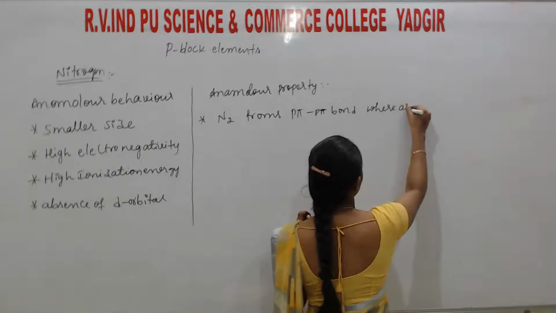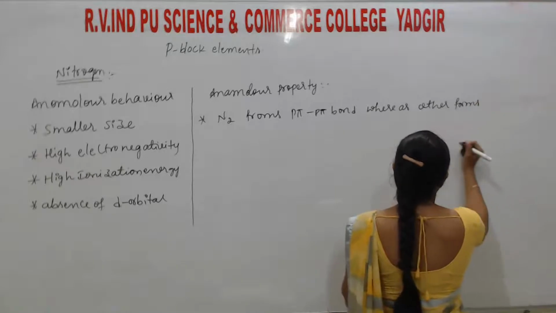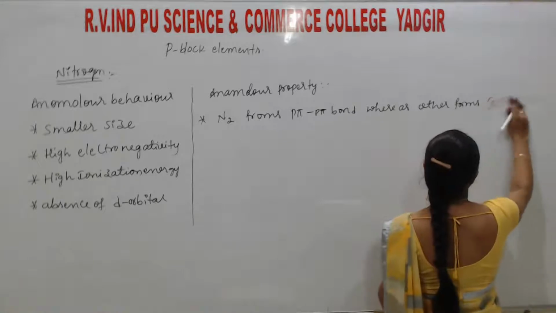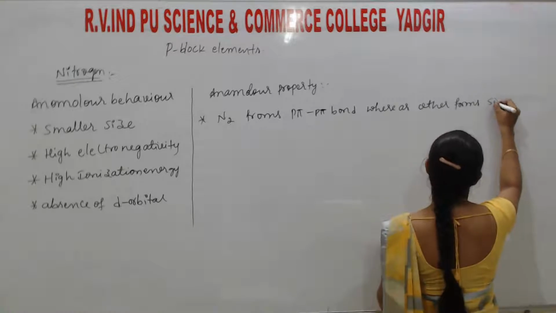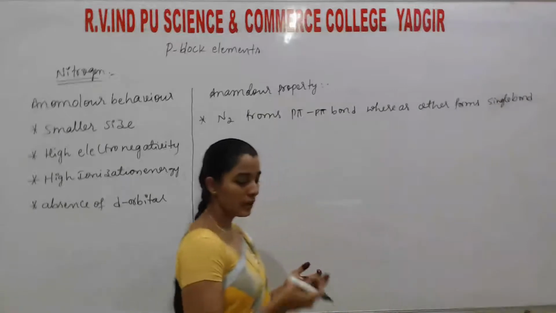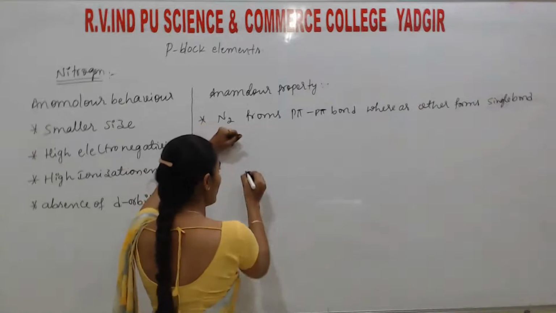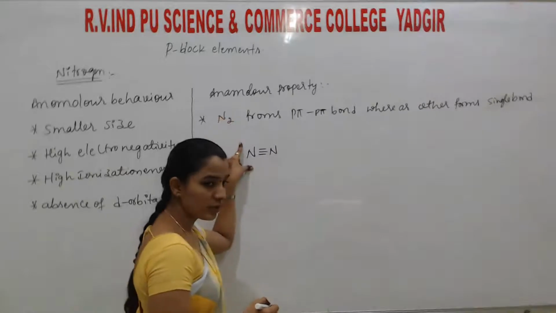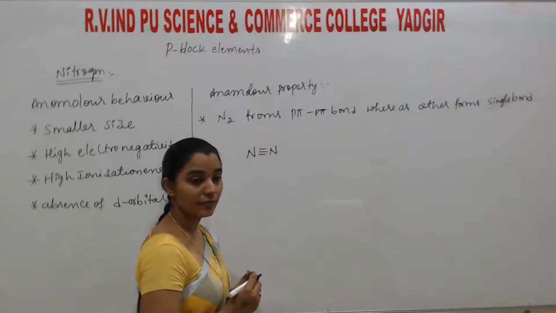whereas other elements form only a single bond. Single bond you may say, or it may be a sigma bond only. So students, while you are writing nitrogen, how are you going to write? Like this, N triple bond N. This means nitrogen has the capacity to form p-pi bond within itself.